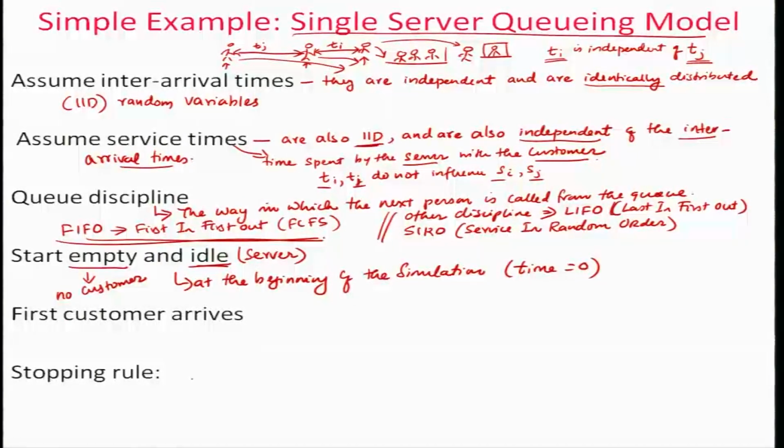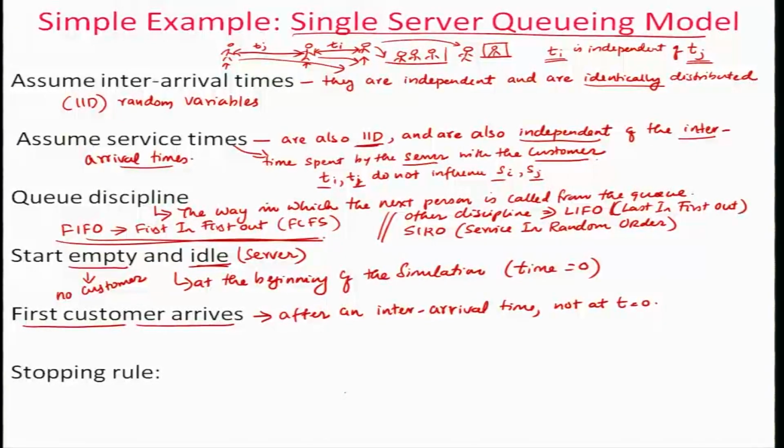That is the initial starting condition of the system. Then when would the first customer arrive? We have to make that happen. The first customer arrives after an inter-arrival time, not at t equal to 0.